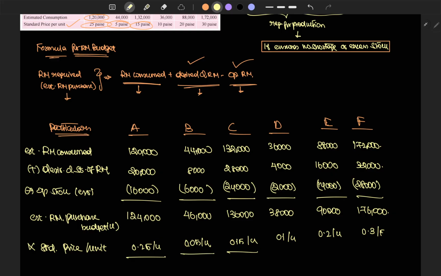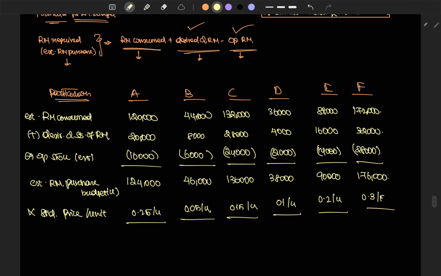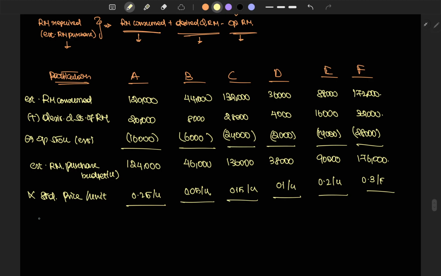So if we total it, we'll get the estimated total RM purchase budget value.